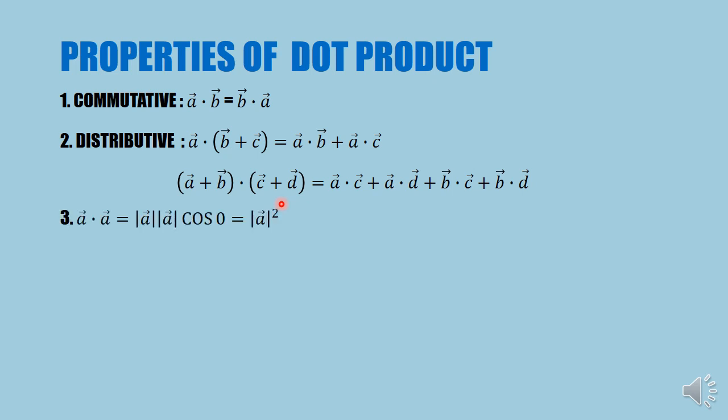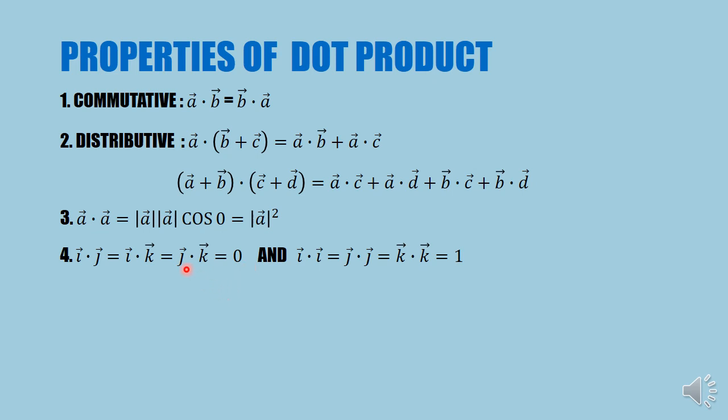Okay, the third one is if a factor is multiplied by itself, the answer is the magnitude of the factor squared. So A dot A equals the magnitude of A squared. Okay. The fourth one is the dot product of basis factors. I dot J equals I dot K equals J dot K equals 0, because I, J, K are perpendicular to each other.